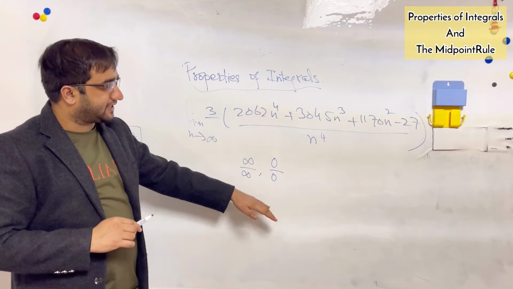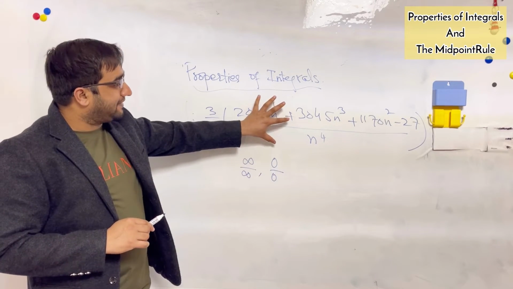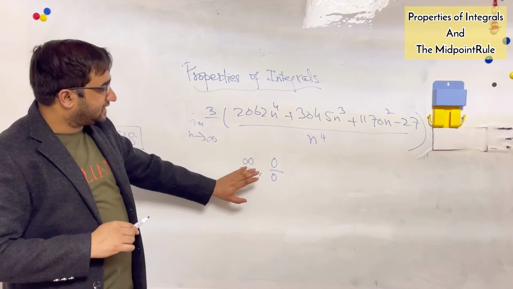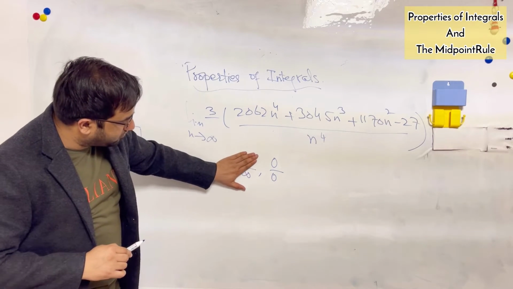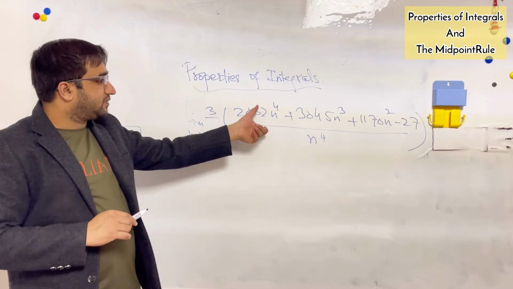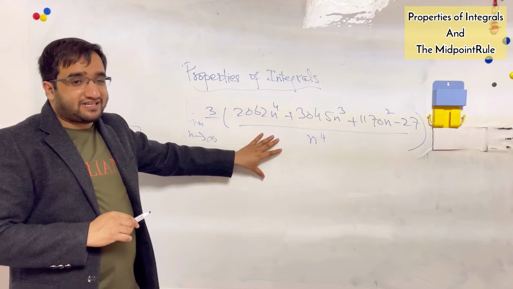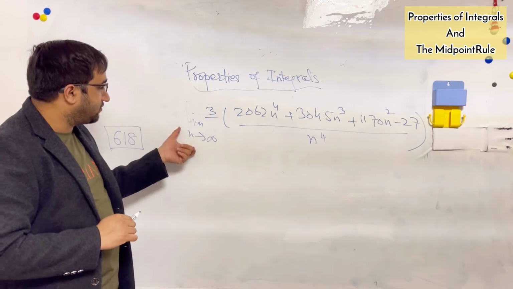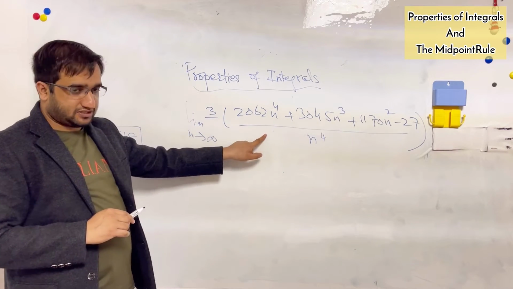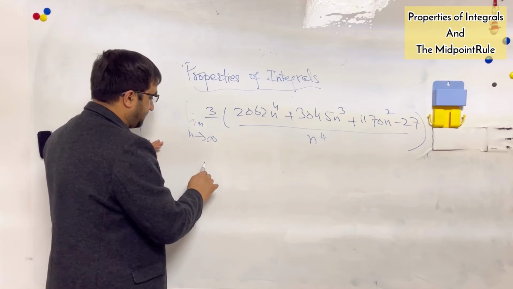You have to go further to eliminate something so that you can get rid of this situation. So here when you put the infinity, the answer is infinity by infinity, so you are not allowed to put the infinity at this stage. You have to do something further.